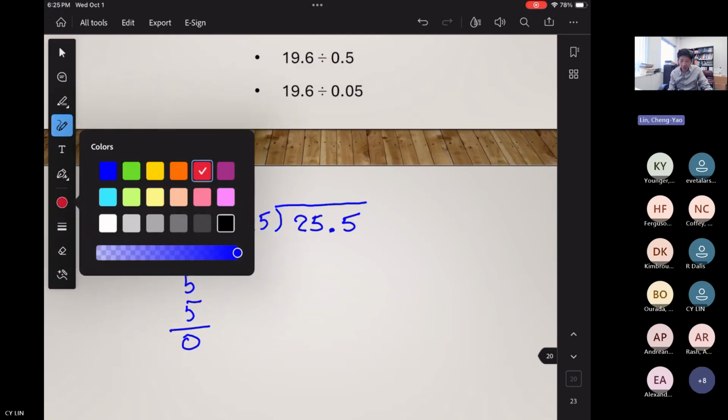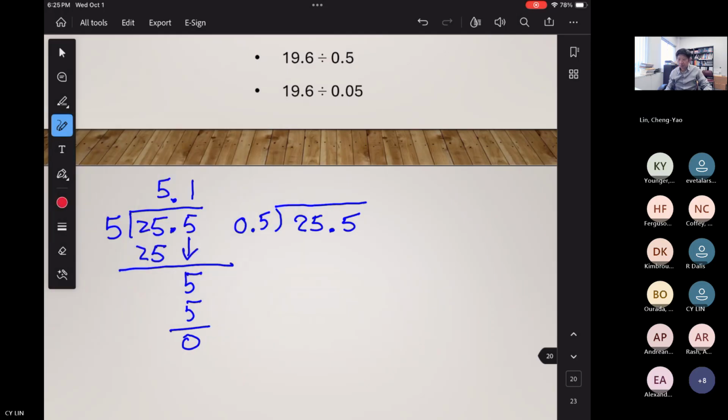What is the first step we want to do in this problem? Do you still remember from when you were children? I think, because this is a 0.5, we have to move the decimal point to make it a whole number.